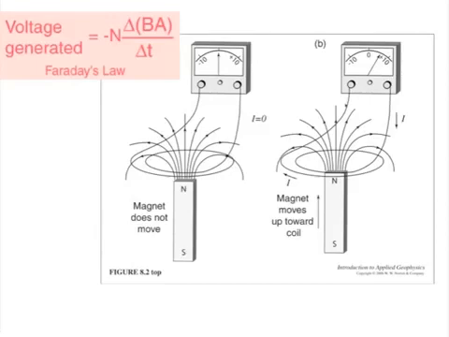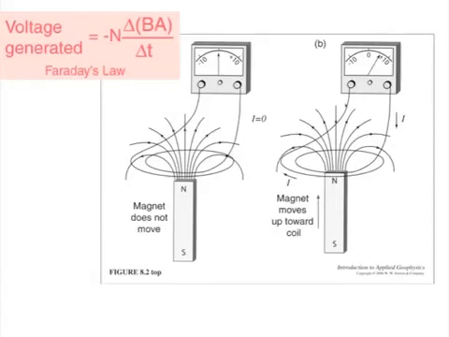And of course, this is the principle by which electrical generators work, the ones in Hoover Dam to the ones in your Honda generator. All right, so that's Faraday's law in action in your house.